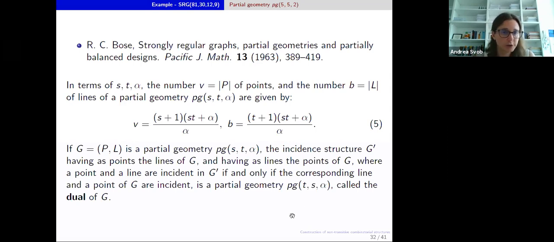The structure that is related to a partial geometry is called the dual of a structure.